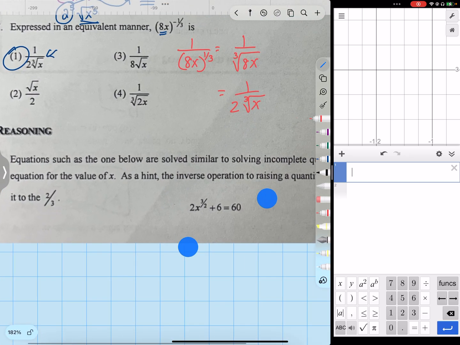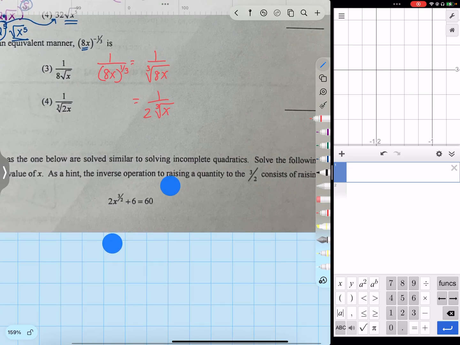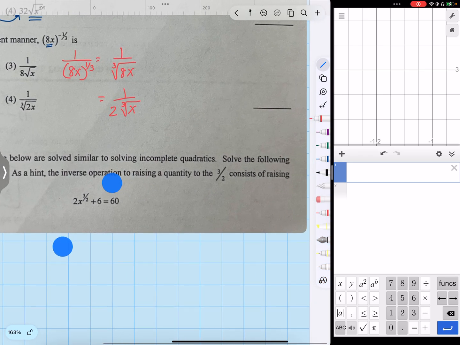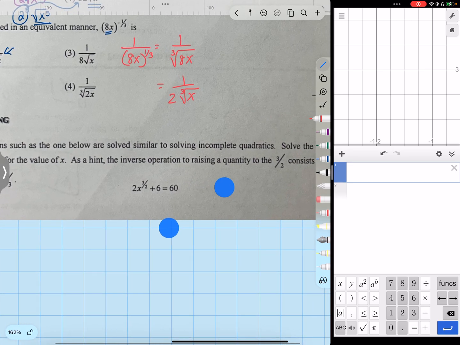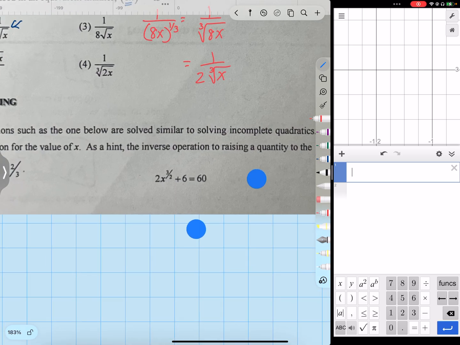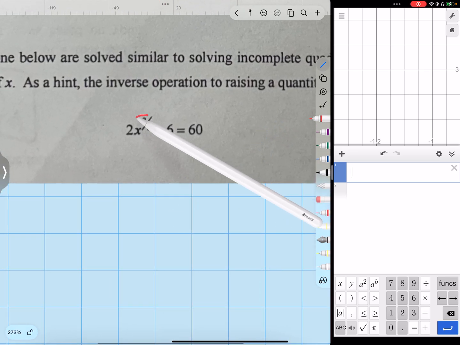And finally, equations such as the one below are solved similar to solving incomplete quadratics. Solving the following equation for the value of x is hence the inverse operation to raising a quantity to 3/2, which consists of raising it to the 2/3. All right, so here's what's going on. This equation has one single x right there, and he's going to be pretty easy to get alone.